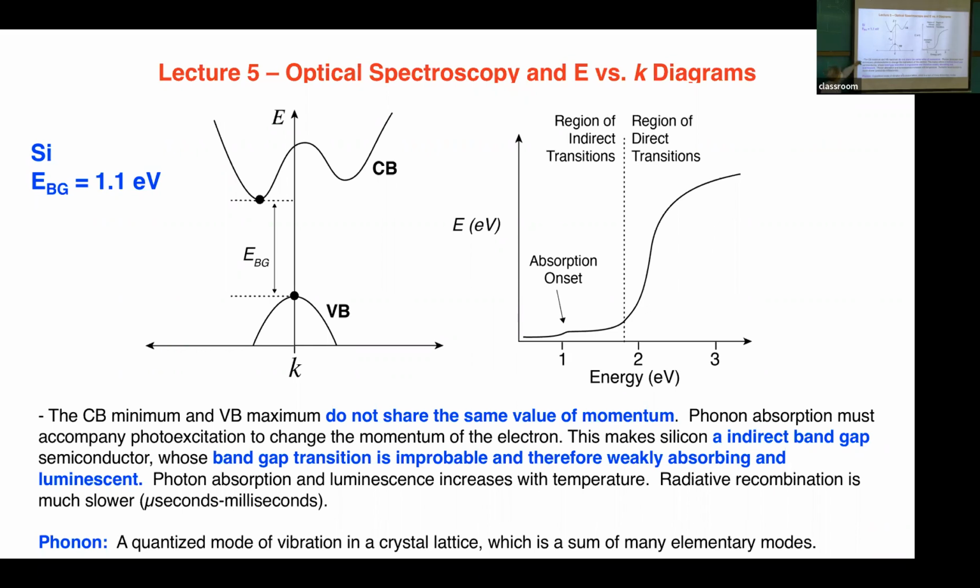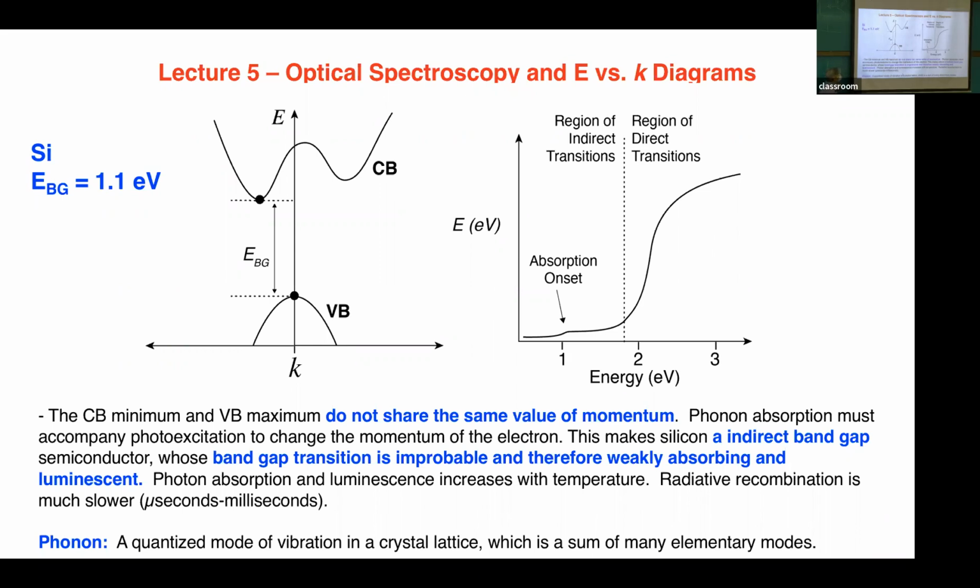So that means that when the electron cools to the conduction band edge, it has a different momentum than the valence band edge. And the transition to go from the conduction band to the valence band is improbable because it has to change momentum.